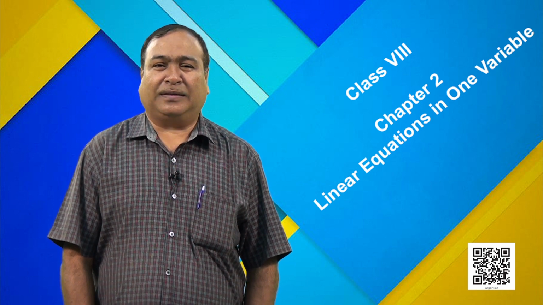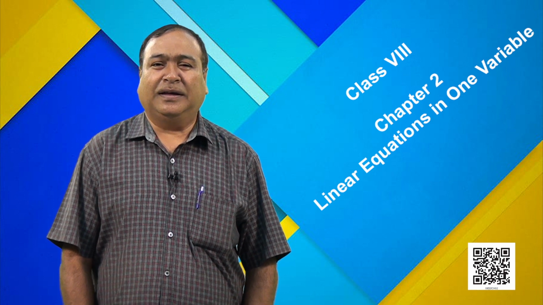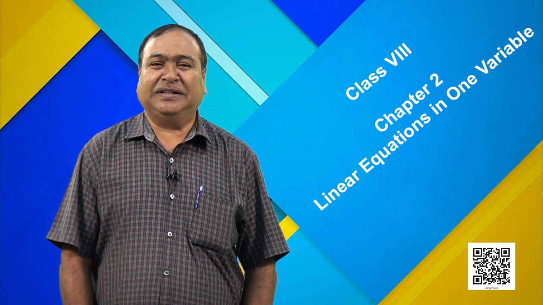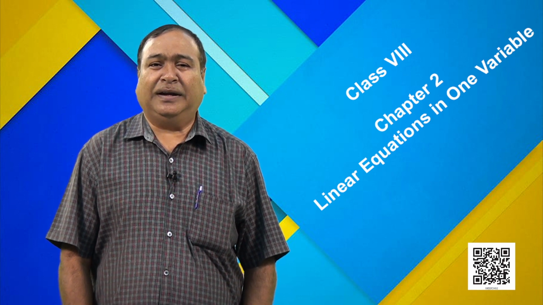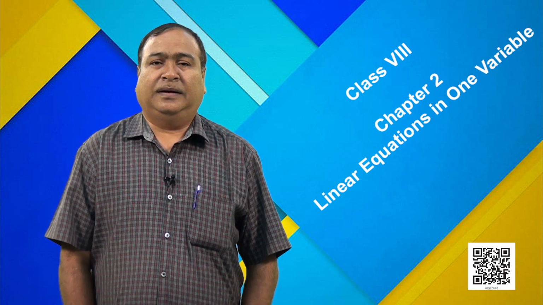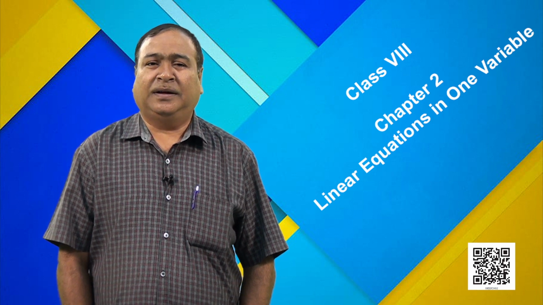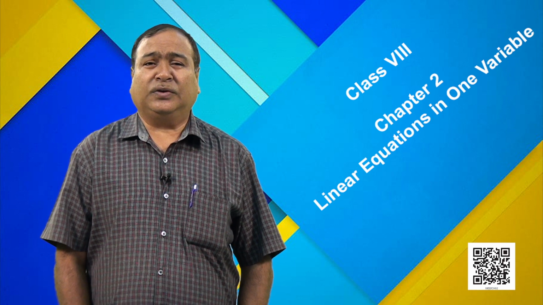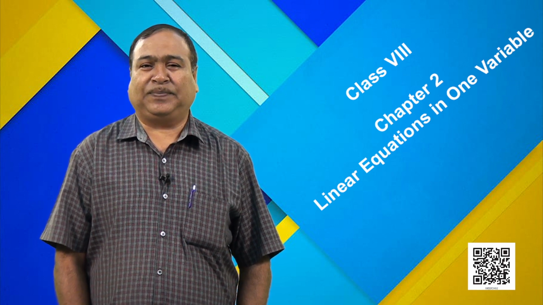Such type of numbers we always call the solutions of the equation. So, the solution of the equation is the value for which the right hand side must be equal to the left hand side. Here in the last example, 2x - 3 = 7, x = 5 is the solution.